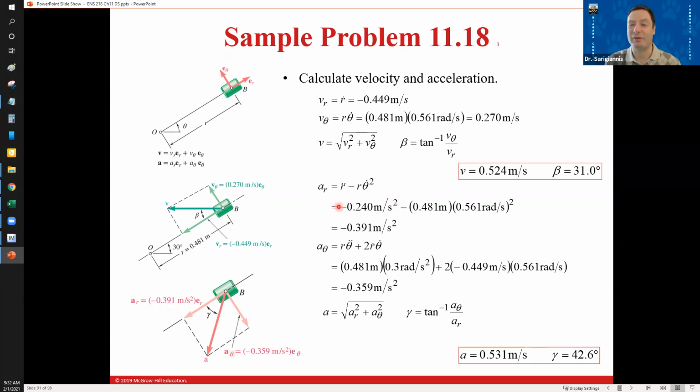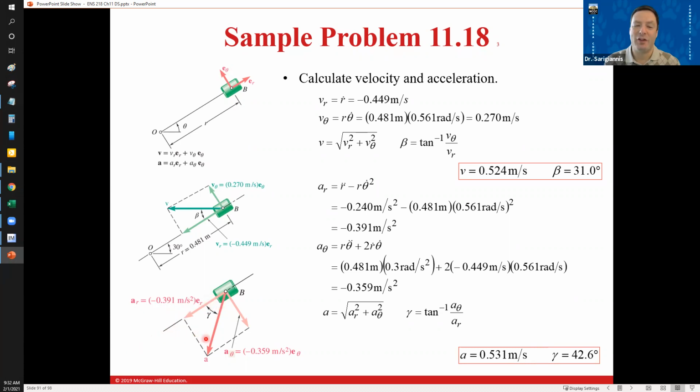We've got the second derivative right here, which is negative 0.24 meters per second squared. And over here we plug in the r dθ/dt squared, right? You solve for this, you wind up with negative 0.391 meters per second squared. That is the r component of acceleration, right? So along the rod.